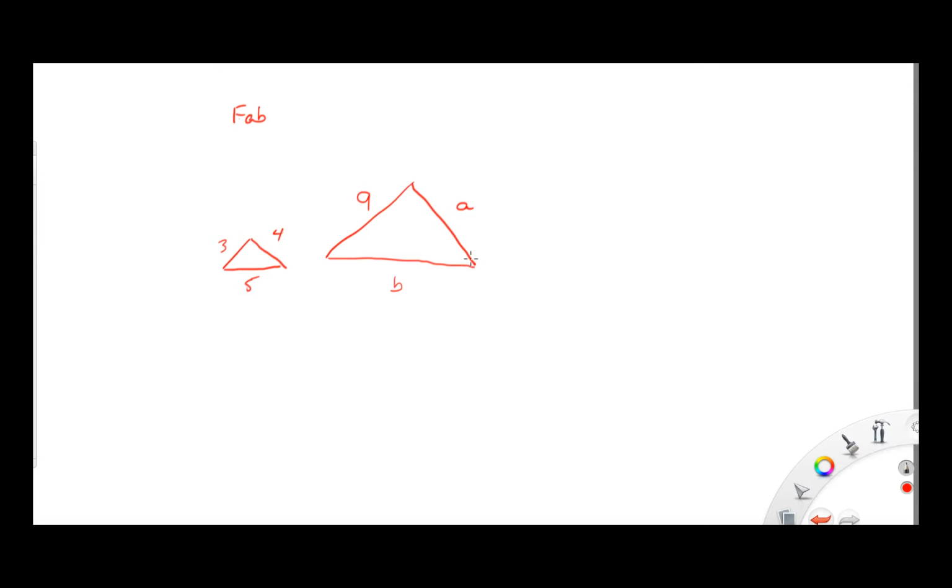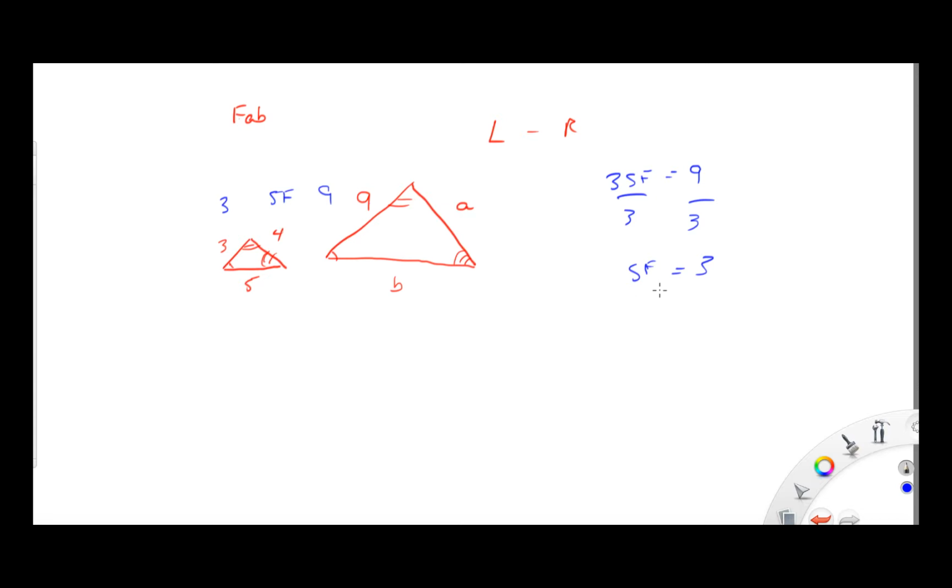Notice that all these angles, this 3 and this 3, are equal. This 2, this 2, this 1, and this 1 are all the same. So if we use a left to right scale factor, how are we going to do that? Well, we're going to use 3 times the scale factor equals 9. Divide by 3, divide by 3, the scale factor equals 3.